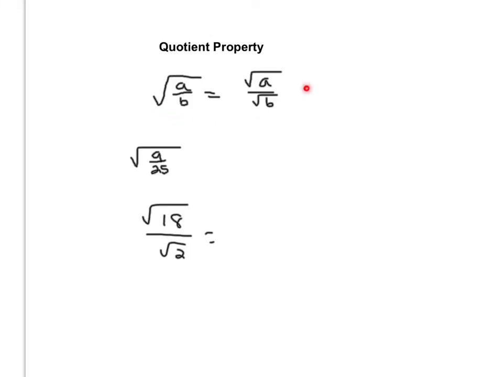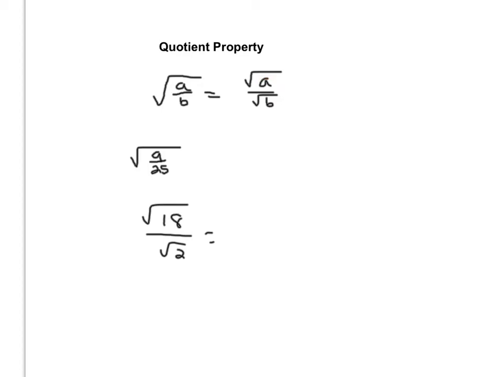So the quotient property is right here. It says if we've got a quotient underneath a radical, so we're dividing two things under a radical, we can break it apart into the square root of the first number divided by the square root of the second number. Or if it's written as a fraction, the square root of the top number divided by the square root of the bottom number.